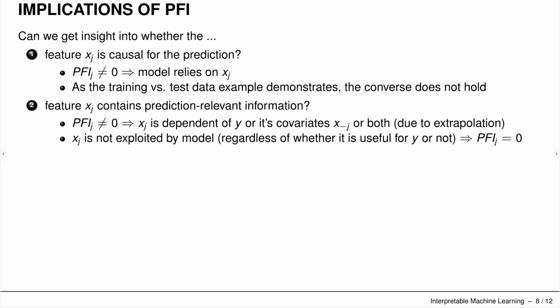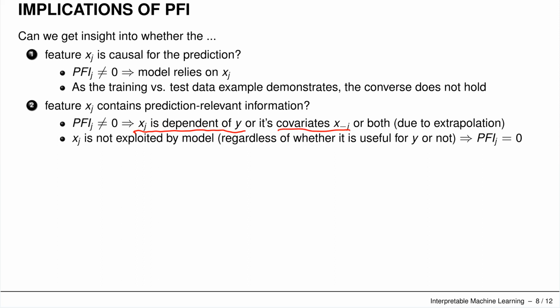The second interpretation was: feature xj contains prediction relevant information. Here, if the PFI is different from 0, then that means xj is dependent of y or of its covariates x minus j, where x minus j are all other features than the feature of interest j. And because of the extrapolation, it doesn't have to be that xj is dependent of y, but it can also be just the covariates.